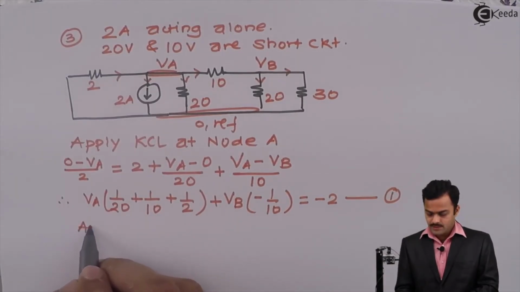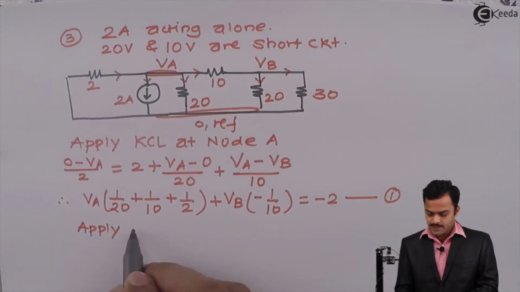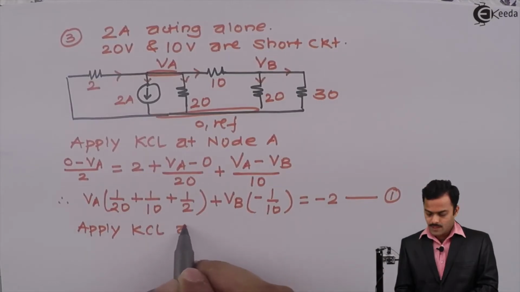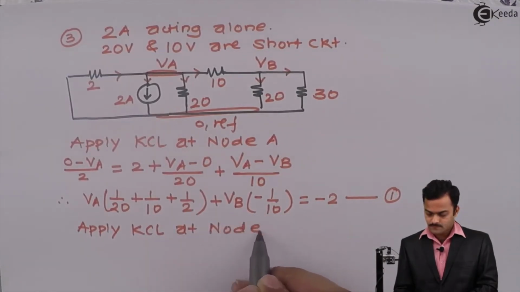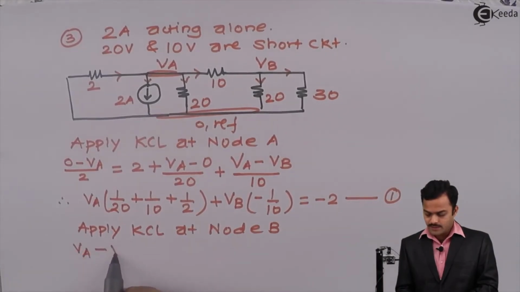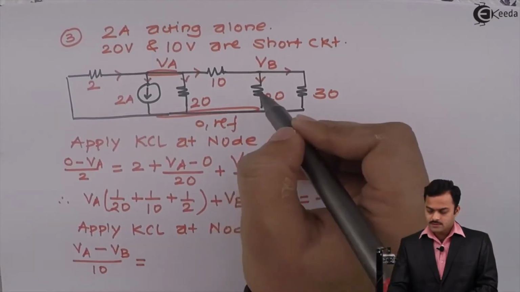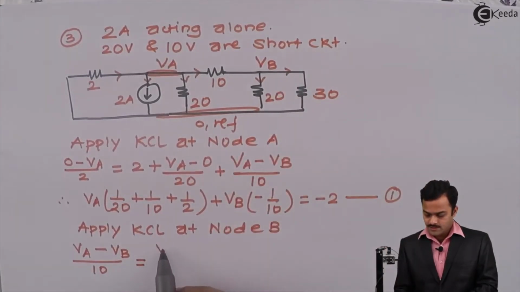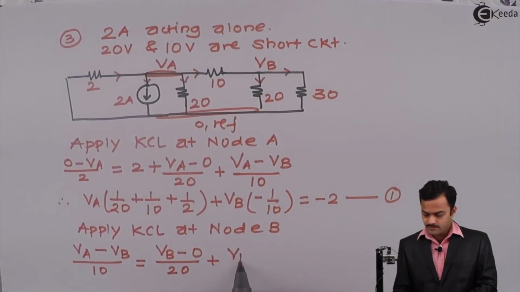Similarly, we can apply KCL at node B. So at node B, incoming current equation is VA minus VB divided by 10 equals, these two are outgoing currents started at B ending on reference, resistance is 20 for the first branch, and for the second branch it is VB minus 0 divided by 30.